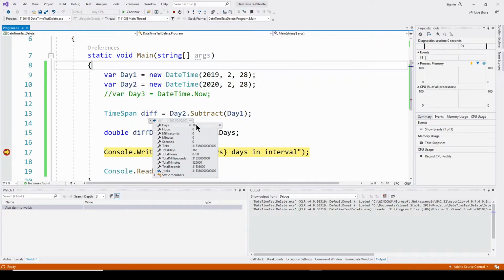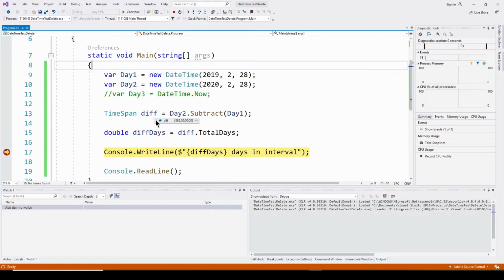So 365 days is equivalent to 8,760 hours. It also gives you the answer in milliseconds, and then 525,600 minutes. If you ever wanted to know how many minutes in a year, 525,600. So it gives you a lot of good data.